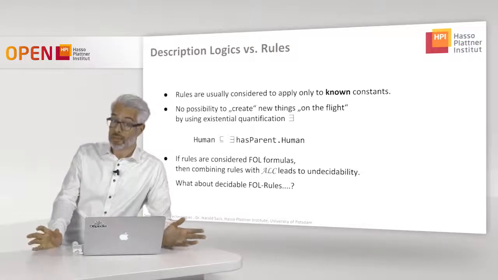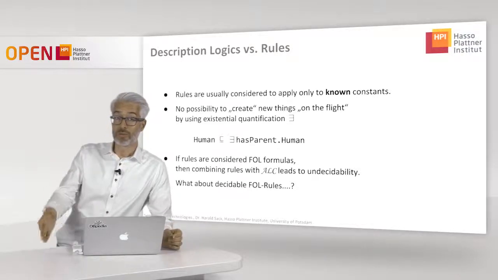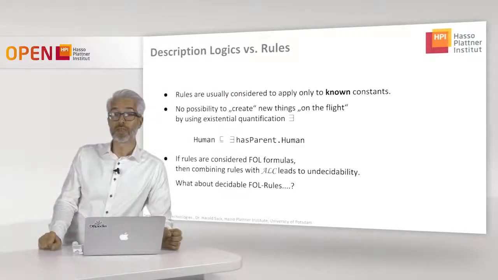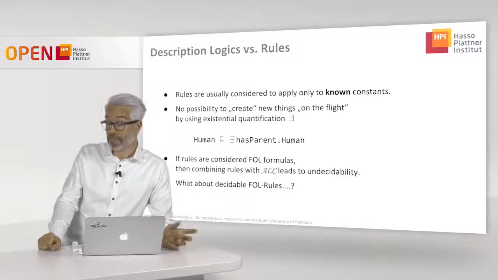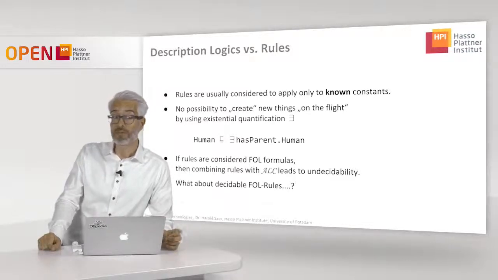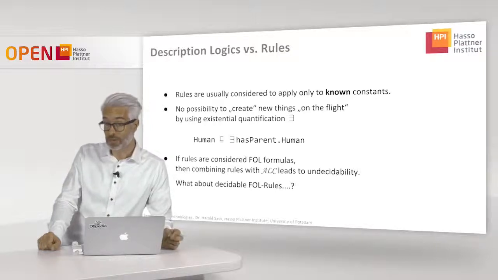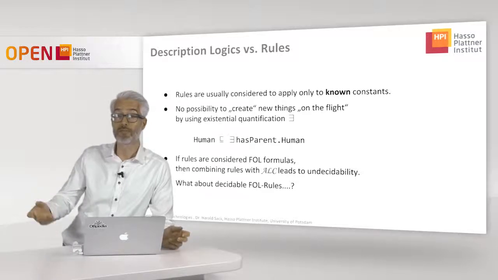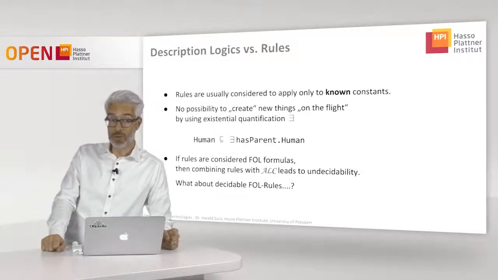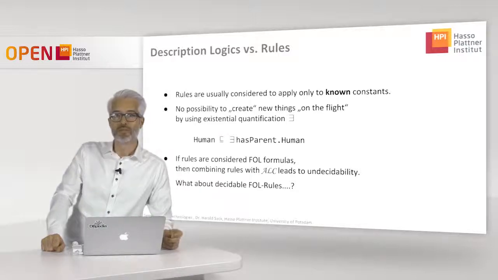For example, if in description logics I define a human as somebody whose parents are human, then if I have something in the class human, I would automatically deduce that this human has a human parent too, and so on and so on. So I could create new individuals on the fly, and this is not possible in the rules world.